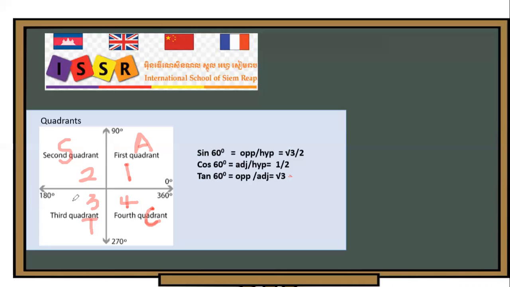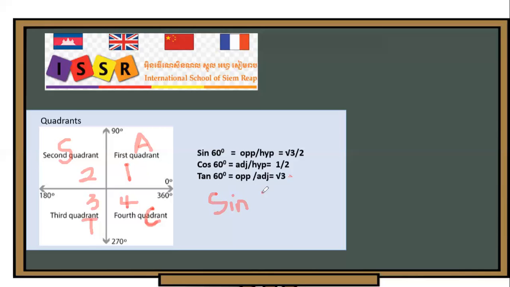Okay, so in the third quadrant, sine and cosine are both negative, but only the tan is positive, isn't it? Then in the fourth quadrant, it's only the cosine which is positive. Is that understood?